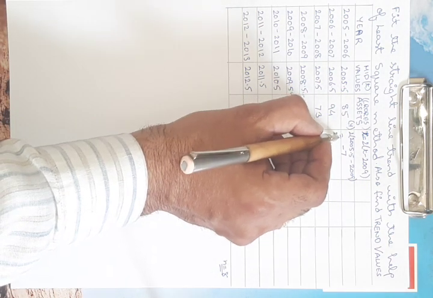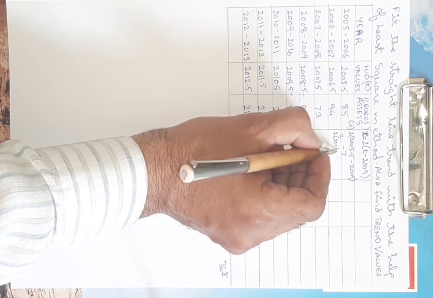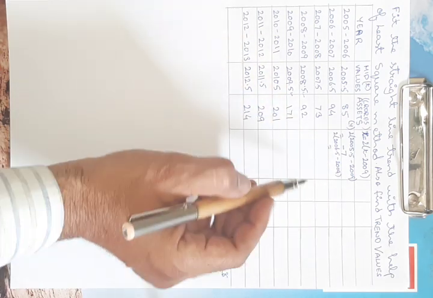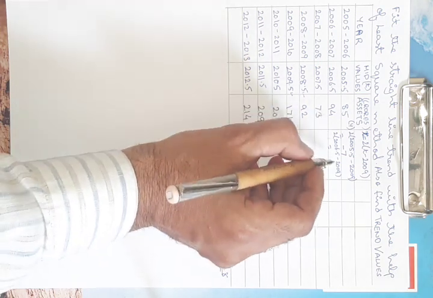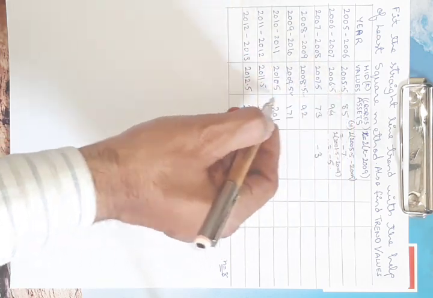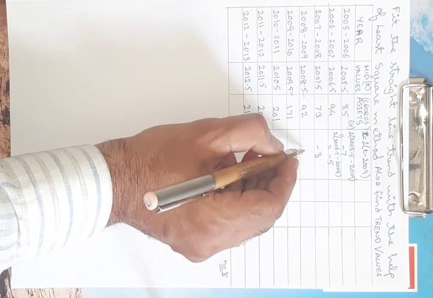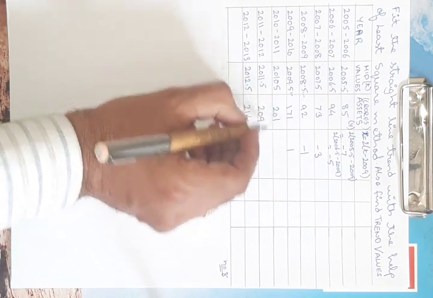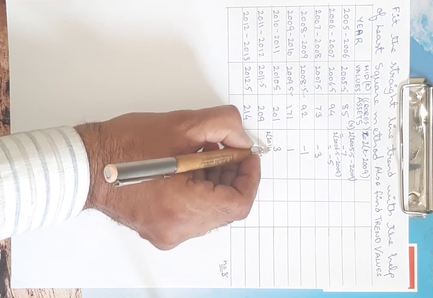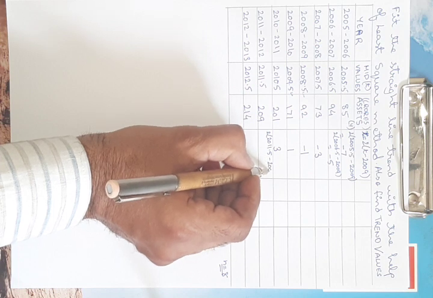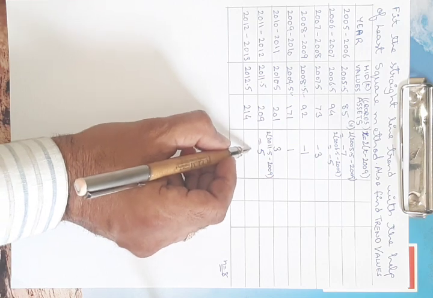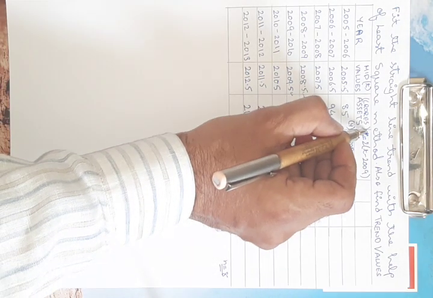Similarly, 2 into (2006.5 minus 2009) is minus 2.5 multiplied by 2, that is minus 5. Similarly, we don't need to calculate the rest because it is increasing by 2, so we can directly put minus 3 and then minus 1, then 1 and 3. For example, 2 into (2011.5 minus 2009) is 2.5 multiplied by 2, which is plus 5, and finally this value is 7. So we have calculated the values of small x.